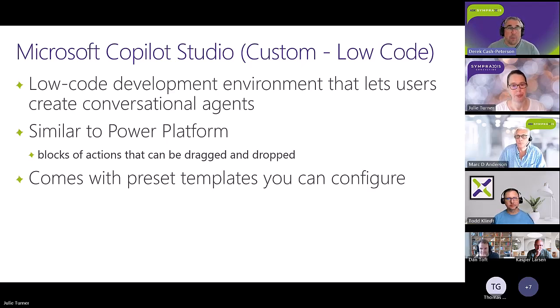Essentially, Copilot Studio is a what-you-see-is-what-you-get development environment that lets users create conversational and non-conversational agents. It is similar to Power Platform in that you can drag and drop blocks of actions around on the screen. It's very visual. It's a visual IDE for you to get these things created.